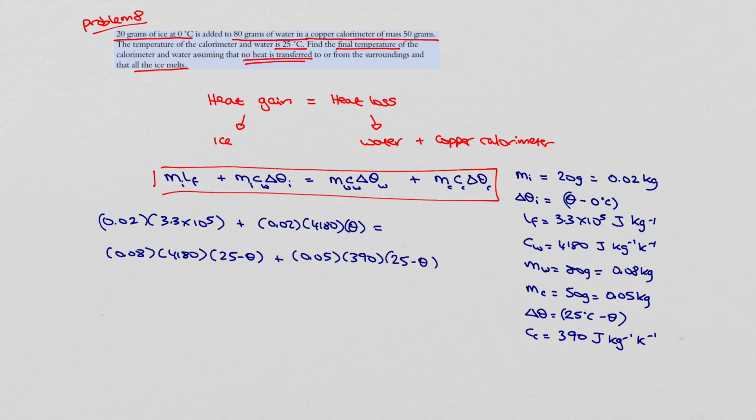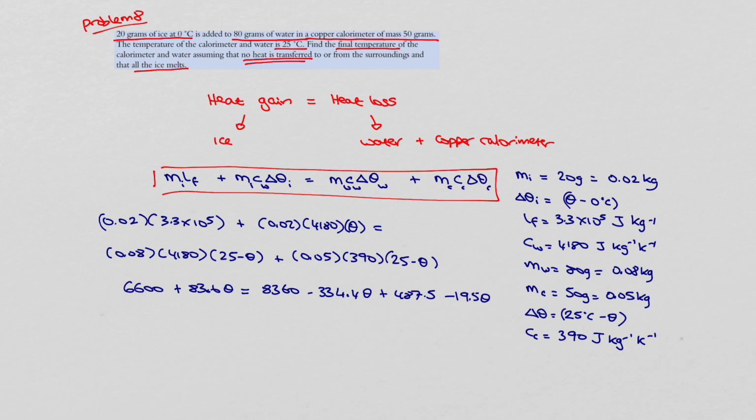So we have to multiply out our left-hand side to simplify, and then the right-hand side to simplify. That gives us 6,600 plus 83.6 theta is equal to 8,360 minus 334.4 theta plus 487.5 minus 19.5 theta.